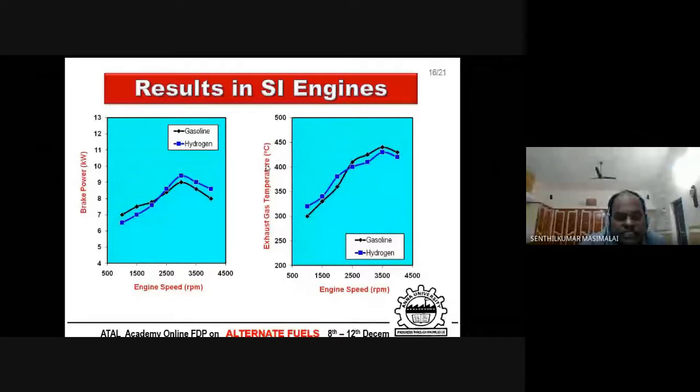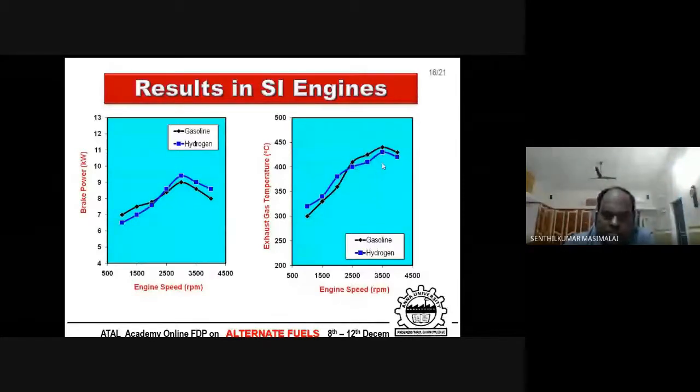Also, the exhaust gas temperature is lower for hydrogen, mainly at higher engine speeds. If the thermal efficiency is higher, then your exhaust gas temperature will be lower, because the energy released is utilized for useful work. That's why energy wastage is minimized, so the exhaust gas temperature is minimized.